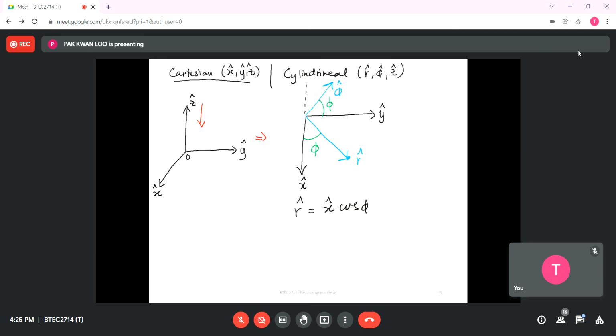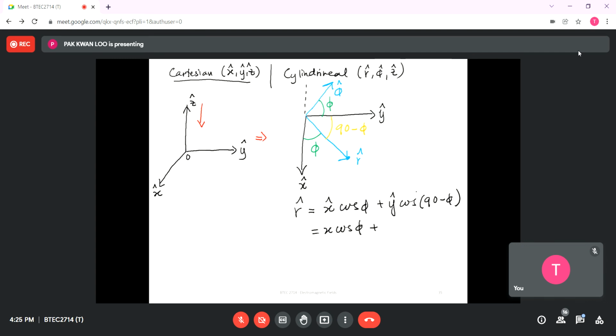It's the projection of the x unit vector onto the r unit vector. However, there is also a contribution from the y unit vector, right? So I can write this as y cap cos(90 minus phi).